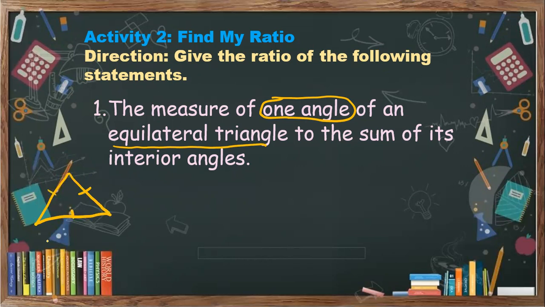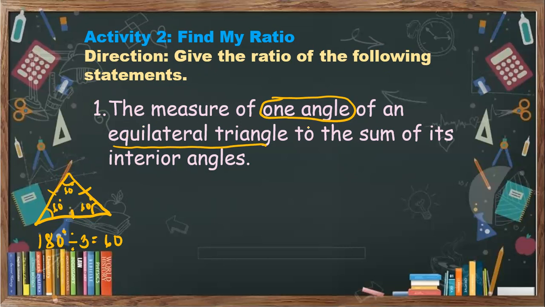Since the sum of the interior angles is 180 degrees, an equilateral triangle is also an equiangular triangle. Since sides are equal and angles are also equal, and we have three angles, we divide 180 by 3. So we get 60 degrees. Therefore, each angle measures 60 degrees.